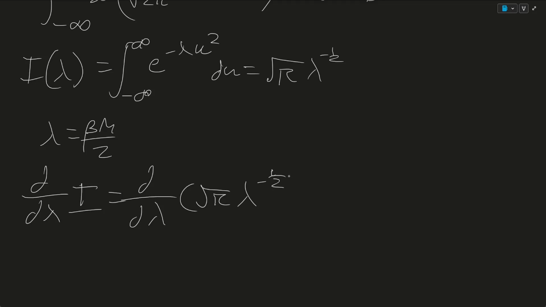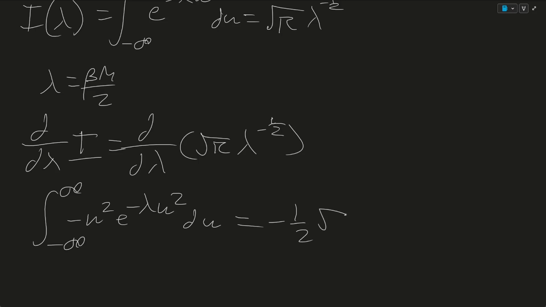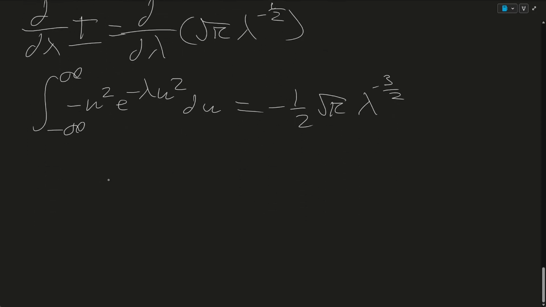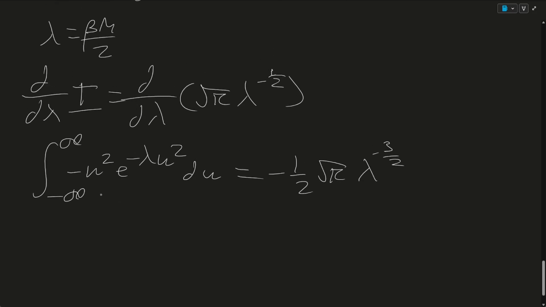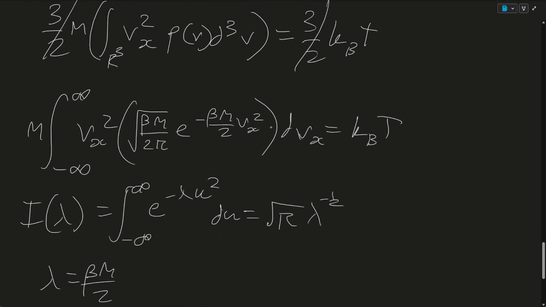And this is the same as minus u squared e to the minus lambda u squared du, and that's just minus a half root pi lambda to the minus 3 over 2. And now we have an expression for this, which shows itself in that integral there.